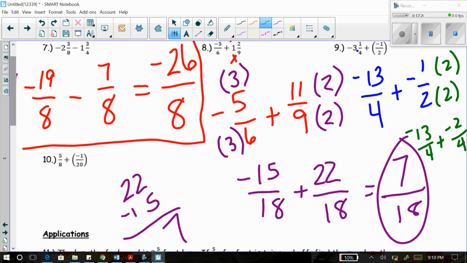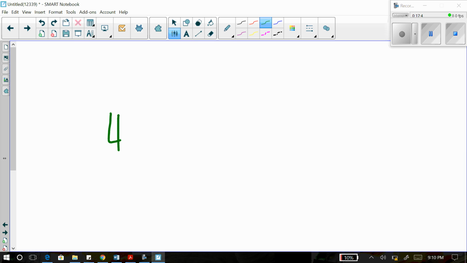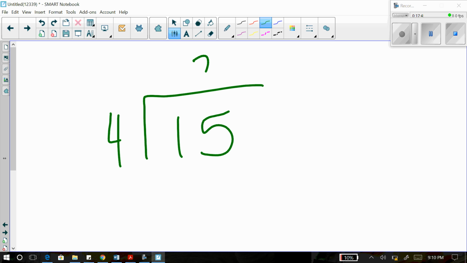And we know same signs you keep and add the numbers and you keep your denominator. Now that can't be simplified anymore, but we can practice making it into a mixed number. So 4 goes into 15 3 times. 3 times 4 is 12.